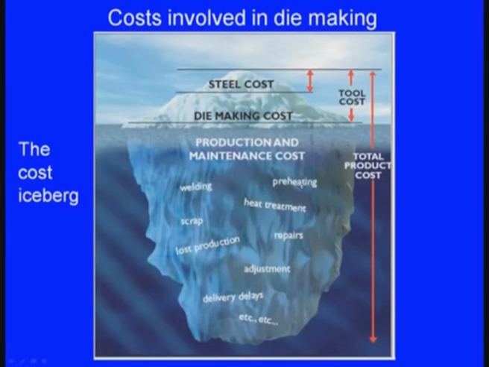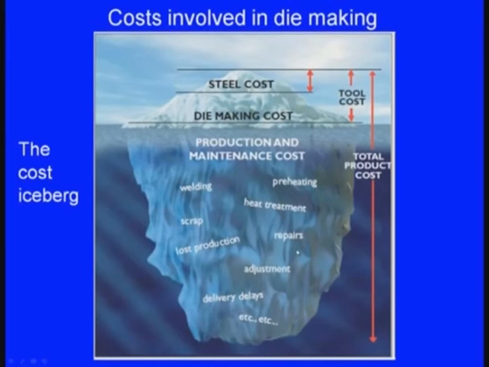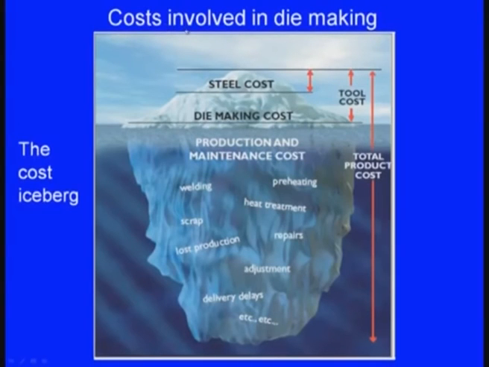Production and maintenance cost: if preheating is there, we have to do the welding, and scrap will be there, that also costs us. Heat treatment, repair, lost production, adjustment, delivery delays and so on. All these elements contribute to the total cost of the die. So, these are the costs involved in die making.